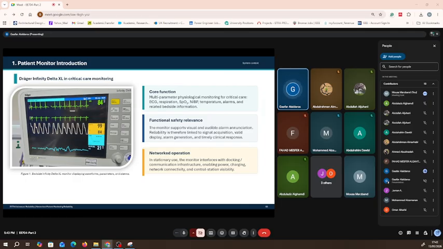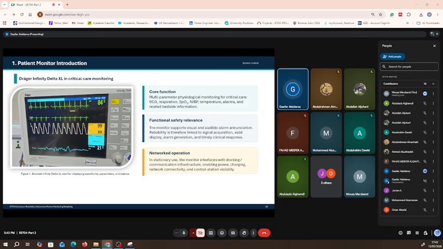If the device fails to acquire a valid signal, if the displayed information becomes inaccurate, or if alarms are not generated and communicated, clinical response may be delayed. For this reason, the project doesn't treat the monitor as a simple standalone device. The monitor is part of a connected monitoring pathway.